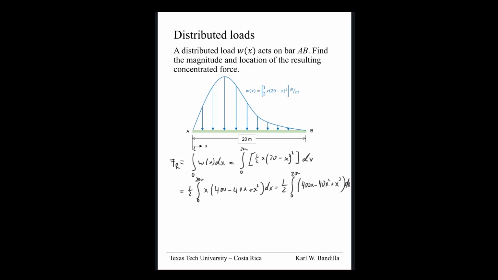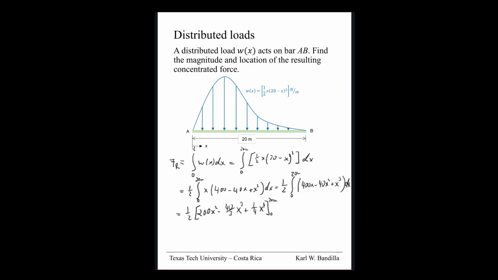And that is relatively easy to integrate. So that would be 1/2 times, and we have 200x squared minus, well, 40 we can't divide by 3, so 40 over 3 x to the third plus 1 over 4 x to the fourth, from 0 to 20 meters.